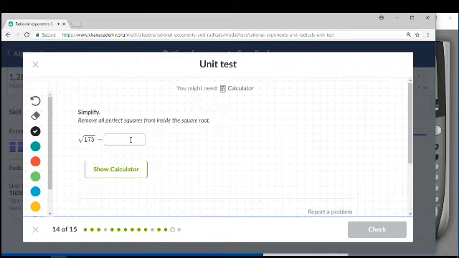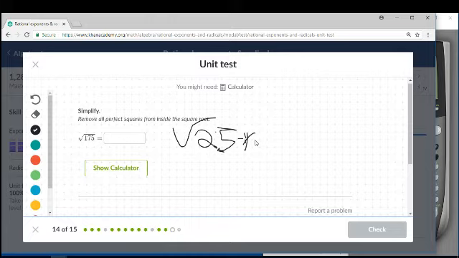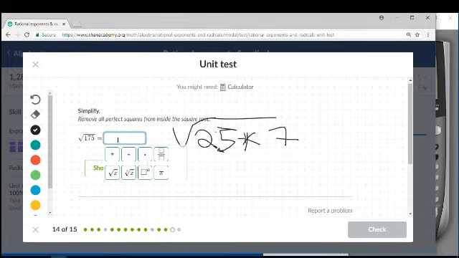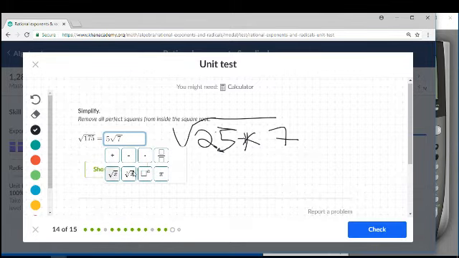That's going to be square root of 25 times 4, 25 times 7. That's going to be 5 times the square root of 7.